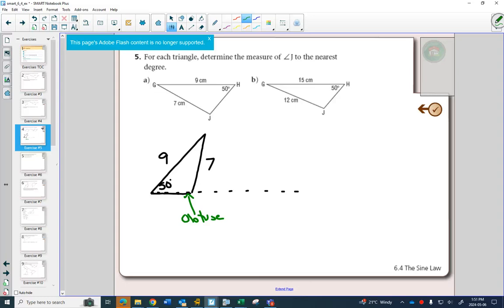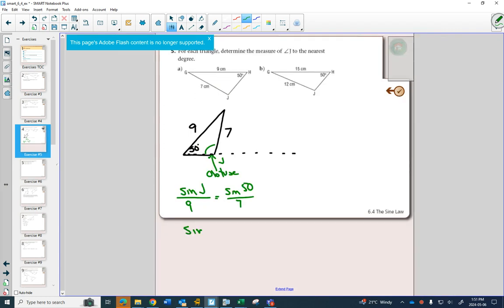Well, you got the answer wrong because you probably set up, okay, I want to find this angle here. I'll call it J, because that's what it is. And I'll go sine of J over 9 equals sine of 50 over 7. So I can get sine of J by itself.